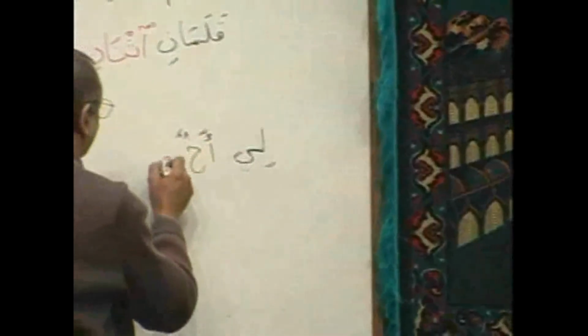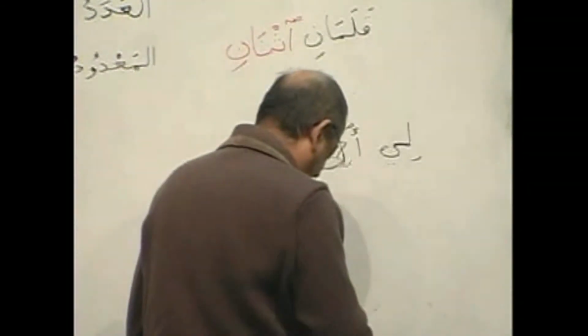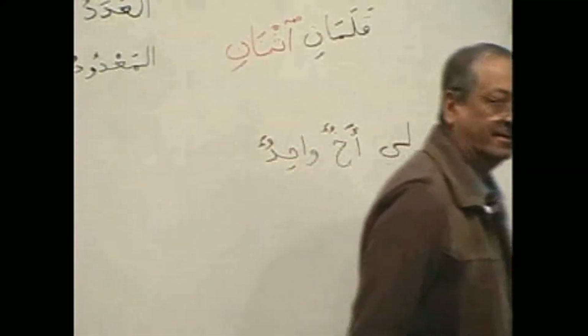I asked Brother Salman this question. What is li? Jar majrur shibu jumla khabar. What is akhun? Mubtada. And then what is wahidun? Khabar. Remember, number 1 and number 2 will always come as a khabar. Only 1 and 2.